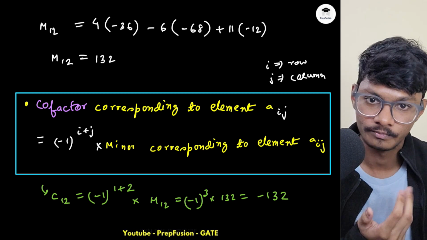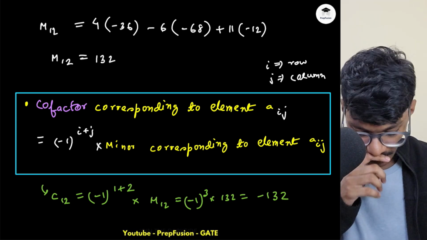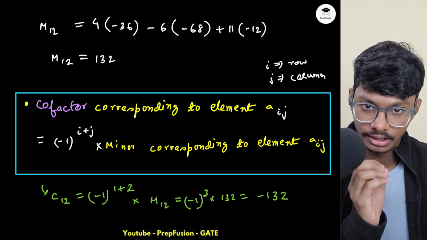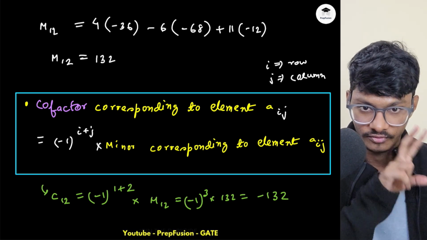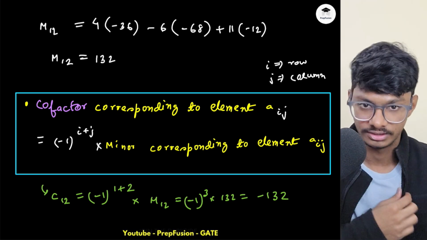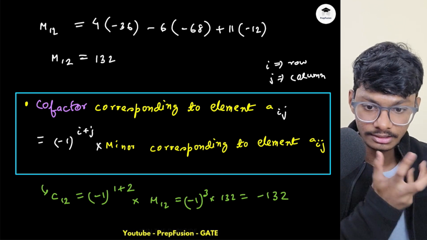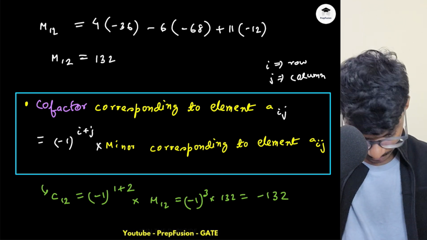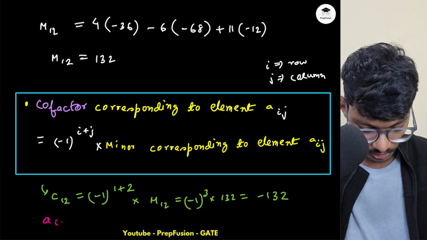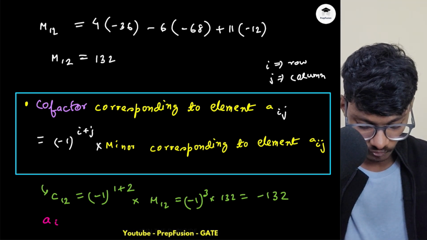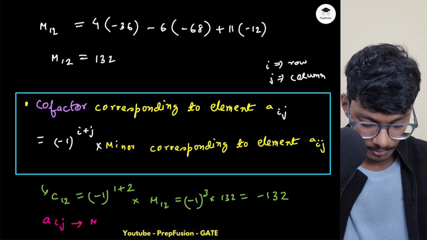So what do you do? If they ask you to find the cofactor for this particular matrix, first you find the element about which you have to find the cofactor. Then you find the minor.